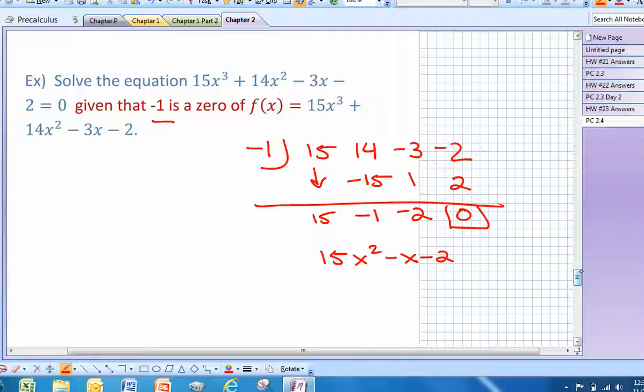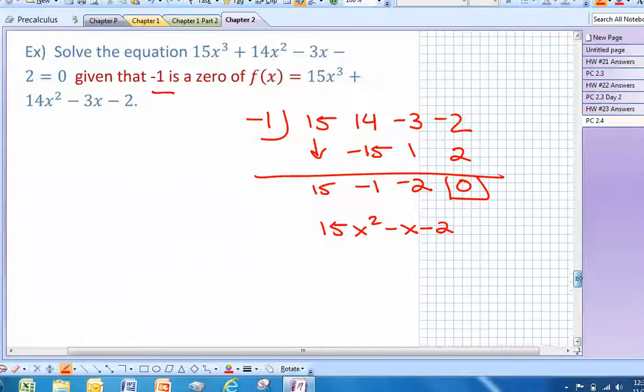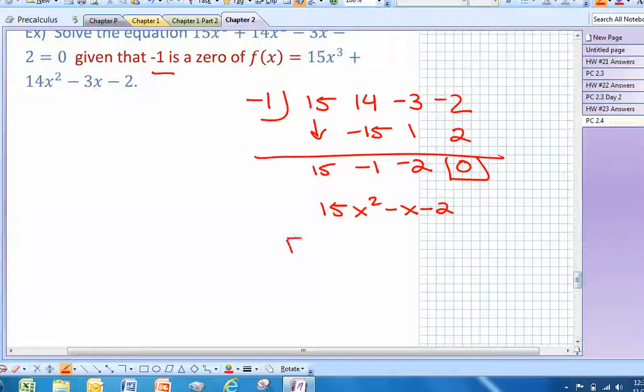Now to get the remaining factors, what I'm going to do is factor this quadratic.